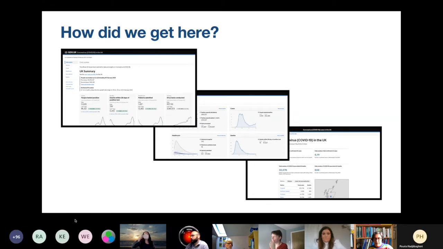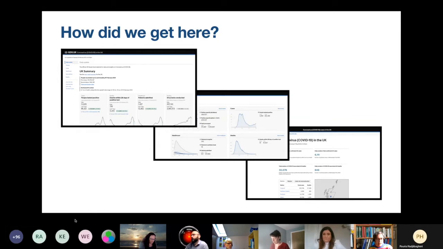They were happening every day at that point, with a lot of data being presented, and they were going to be scaled back, but the government still wanted the information that was being presented in those daily briefings to be made available to the public. So this version of the site was designed around testing, cases, healthcare and deaths, and making all of that information available in an easy to look at and understand format.